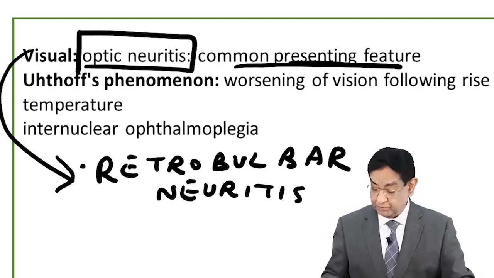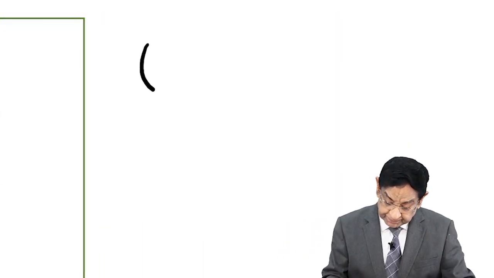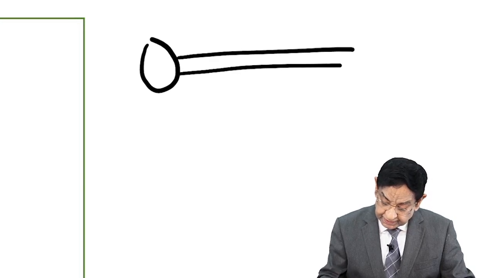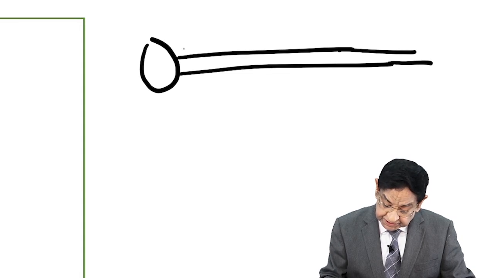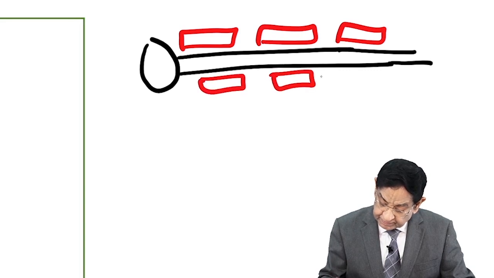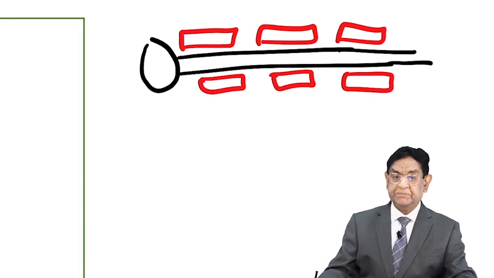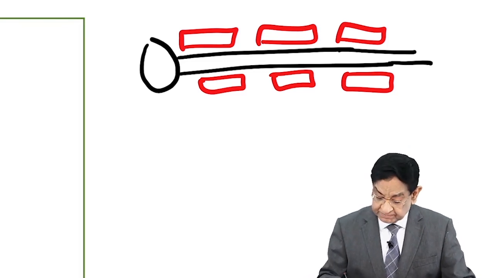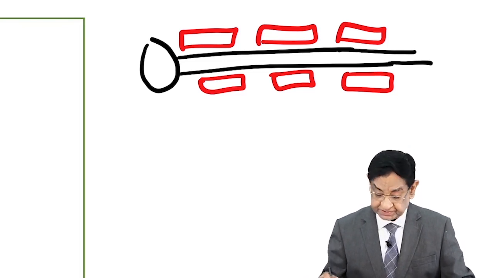Again, we go back to basics. This is the optic nerve, and this optic nerve is going to the brain, and here is the myelin sheath. In these patients, this myelin sheath disappears.